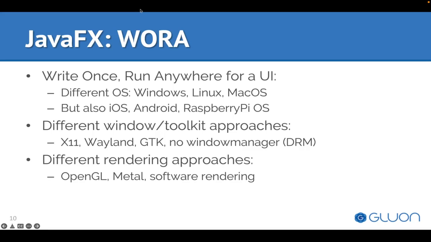That means different operating systems, for example Windows, Linux, and macOS. But there are more operating systems than just those desktop operating systems. It means that your user interface will also run on iOS devices, Android devices, and Raspberry Pi operating system, for example. So that is one of the great things about JavaFX.